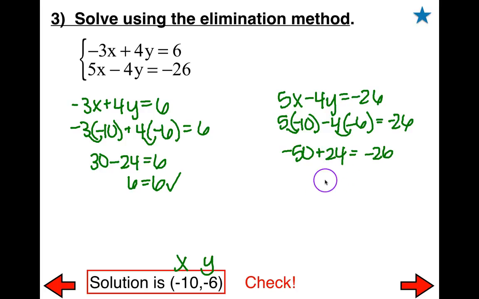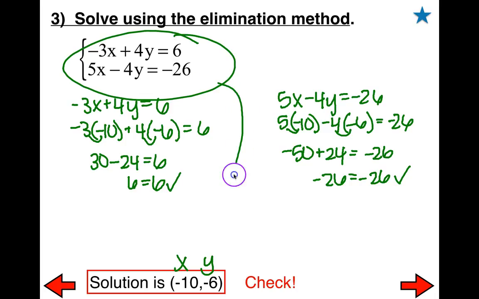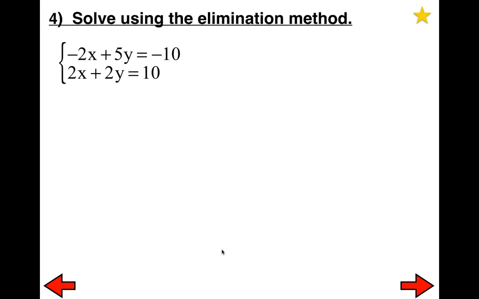Here we have more negatives, and it is negative 26 equals negative 26. So it does work for both, so I can confidently say the solution to this system is indeed negative 10 comma negative 6. So at this point, what I would like you to do is I'm actually going to have you pause the video and try numbers 4 and 5 on your own.